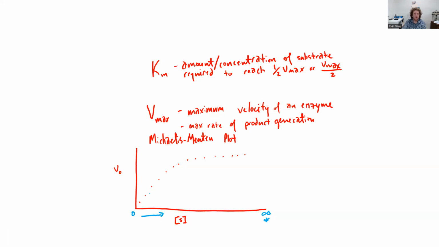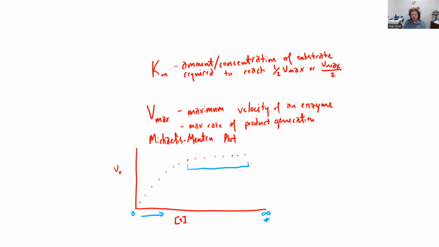Well, that goes up. But it doesn't go up in a linear fashion. At some point, as your substrate concentration continues to go up, what happens to your initial velocity? It flattens out, it plateaus.